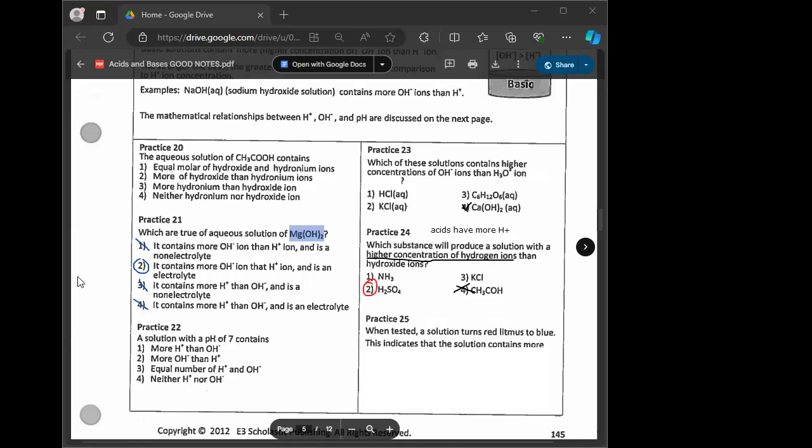Okay. Now we need to remember the properties of bases. So we know we're looking for a base. Let's see, do bases have more H3O plus or do they have more OH?